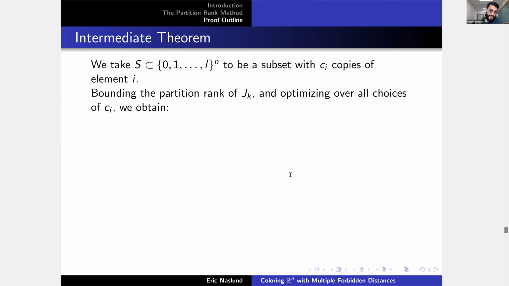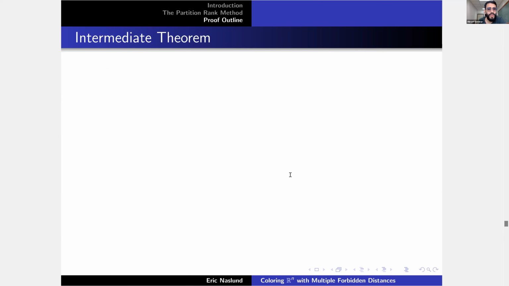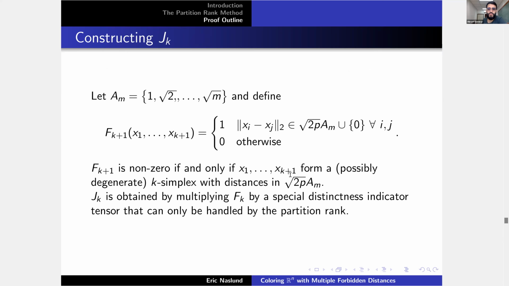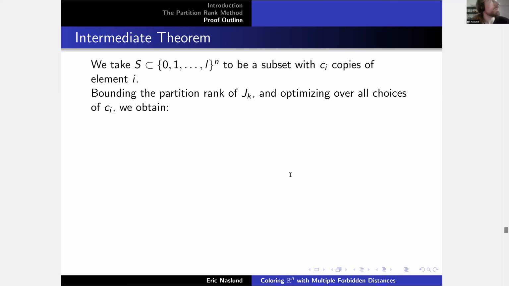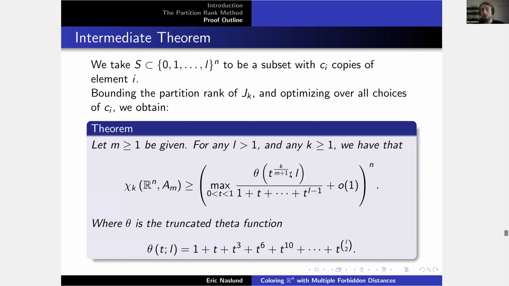Okay, so then my final question would be, what would S in the end look like? How about I describe the case of K as 1? What S will be is something where we have some fixed number of zeros, some fixed number of ones, some fixed number of twos, all the way up to some fixed number of L's in every element.